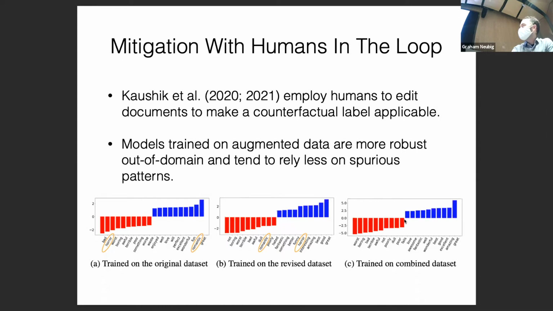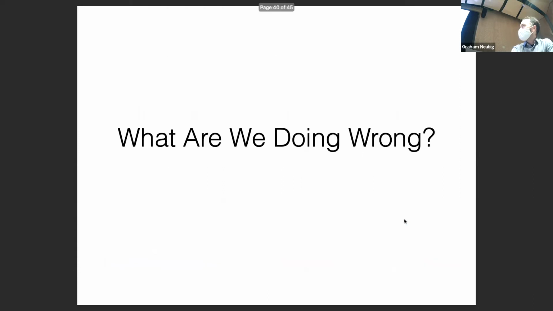This can be used as a general tool to remove bias, but it could also be used to take something with a gender dissociation and ask humans to say, okay, now take the story and pretend like this person was female instead of male or something like that. Okay. Any questions about these things?